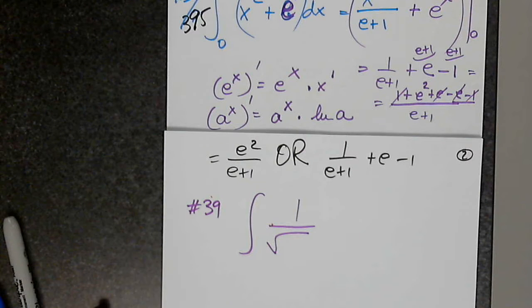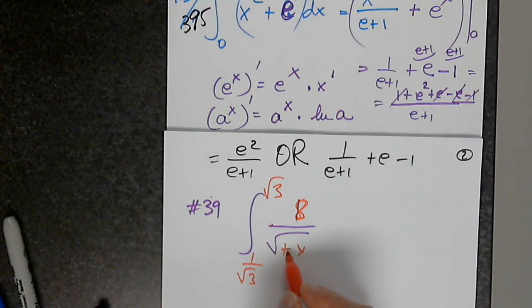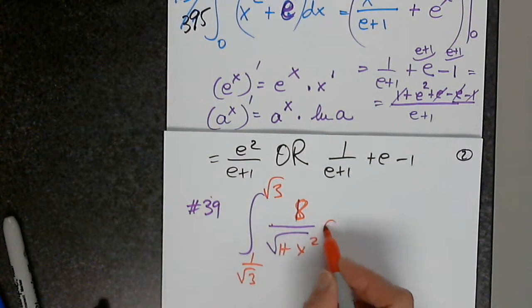Yes. Oh, I see what you mean, you're giving me the limits of integration. 1 over the square root of 3 to the square root of 3. And this is 8 divided by 1 plus x squared dx.